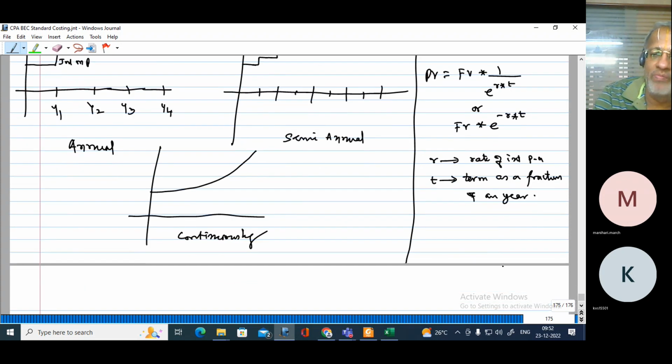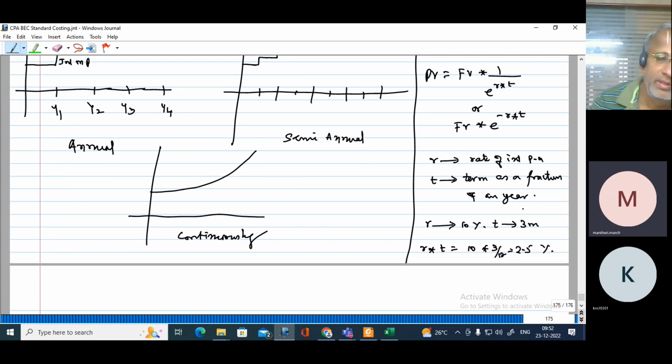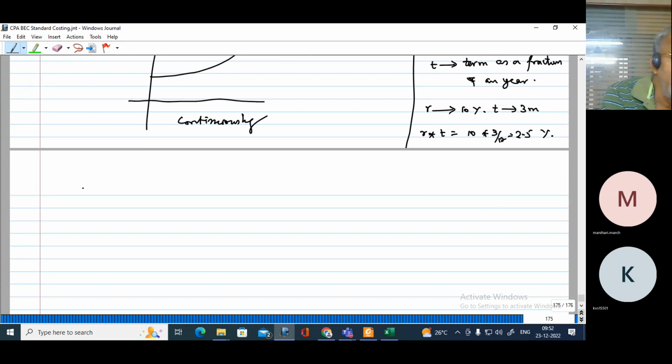Now let us take r as 10% and term being 3 months. r into t is equal to 10 into 3 by 12, which is equal to 2.5%. Correct? Yes, sir. Then e raised to r into t is e raised to 0.025.